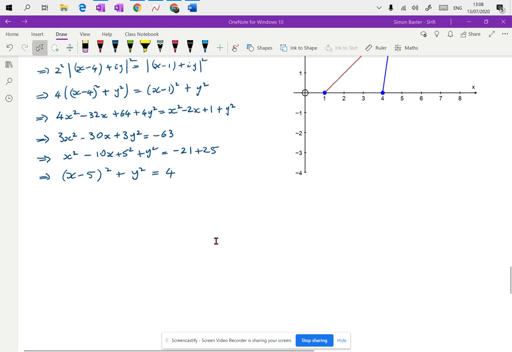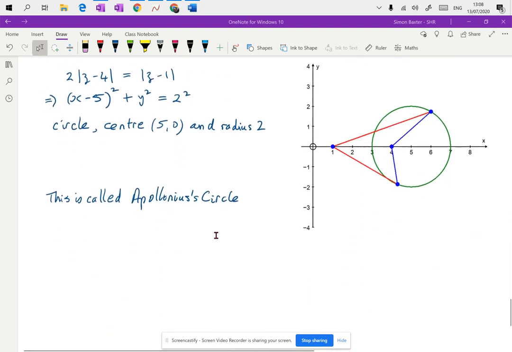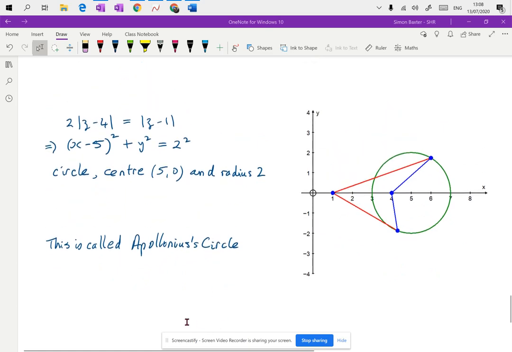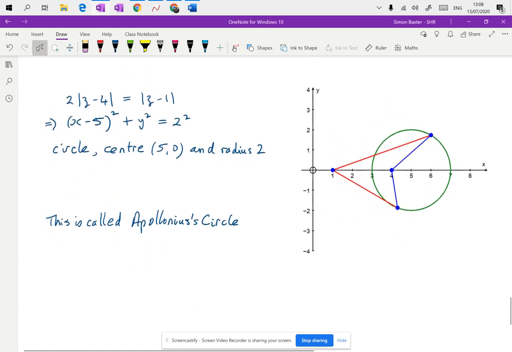So we started with 2 mod (z - 4) is mod (z - 1). We turned it into (x - 5)² + y² is 2 squared. There is the circle, center 5, radius 2, and just 2 illustrations.